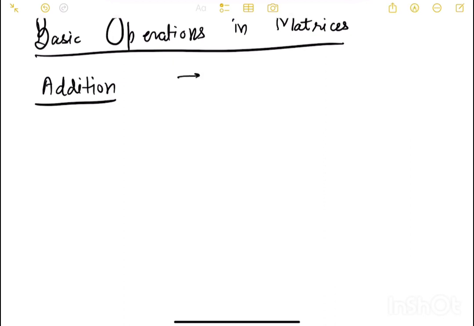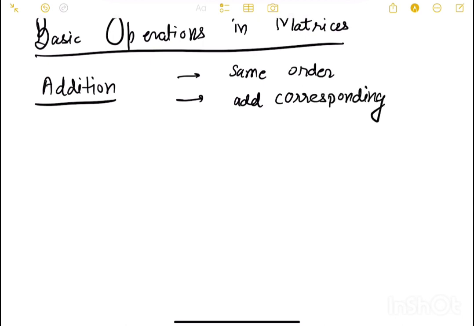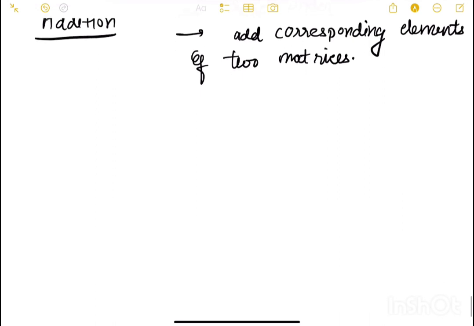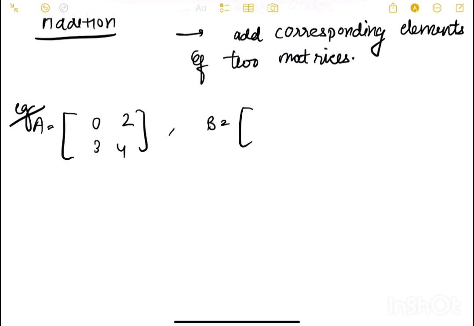Like in equality of matrices, the matrices must be of the same order, and we add the corresponding elements of the two matrices. Okay, I will give you an example. Suppose this is my A and this is my B.